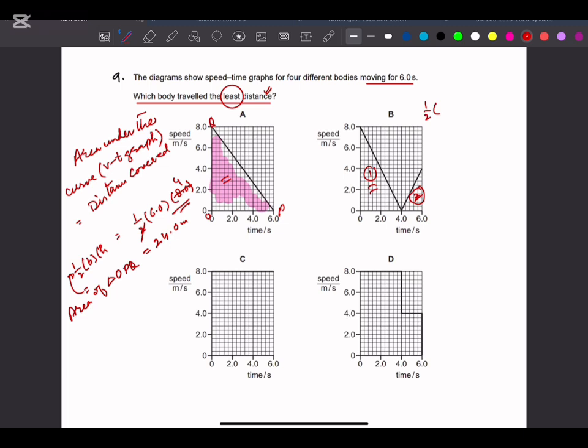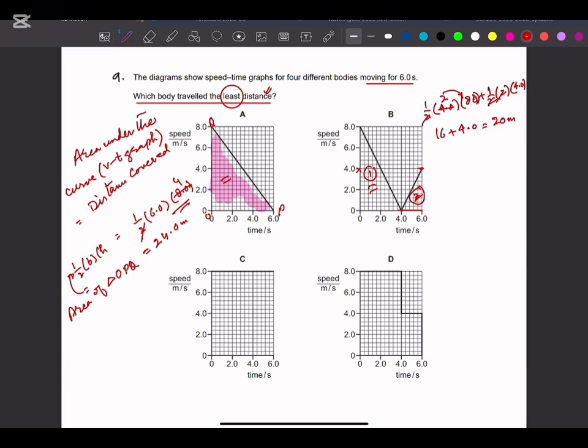For triangle 1, you have half into 4 into 8, and for the second triangle, half, base is 6 minus 4, which is 2, and height is nothing but 4. So 2 2s are 4, 2 8s are 16, and over here you cancel out. So the value of the distance in this case is 20 meter.